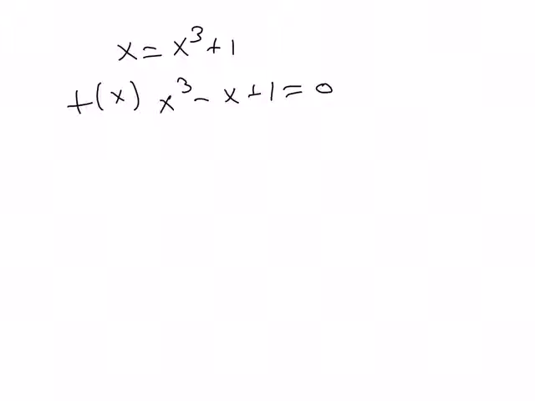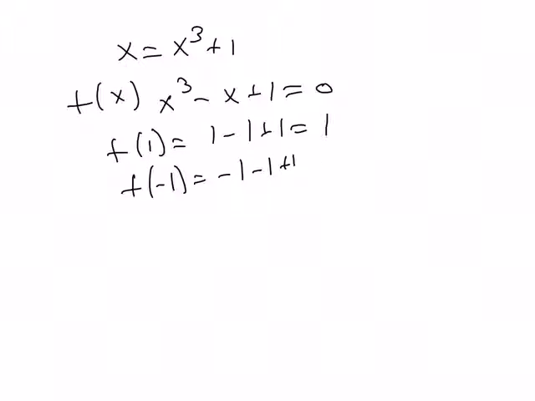So let's take f of 1, which is going to equal 1 minus 1 plus 1, which is 1. And let's take f of negative 1, which is equal to negative 1 minus 1 plus 1, which is equal to negative 1. Because of this, we can say that there's a c, again using the intermediate value theorem, f of c equals 0, in the interval 1, negative 1.